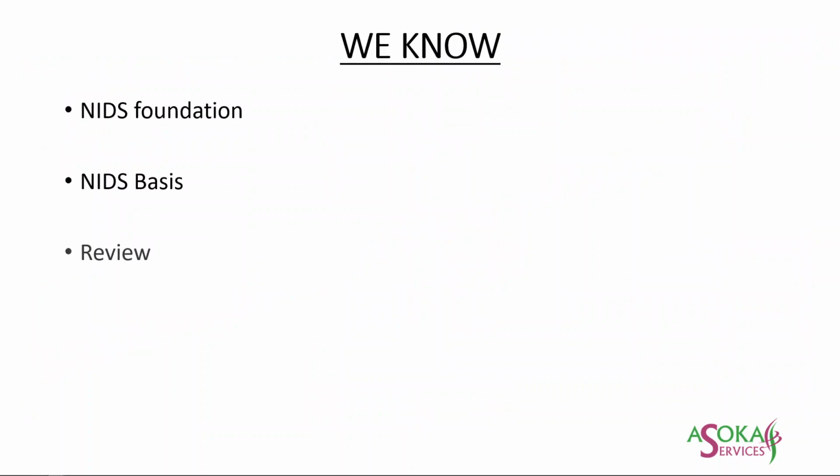So in this video, we have looked at the basis, why we have the NIDS, and we looked at the acts that it is based on. We looked at the DIMS policy, as it is the one that houses the NIDS as a whole.